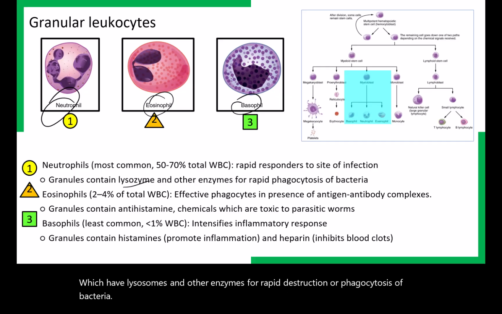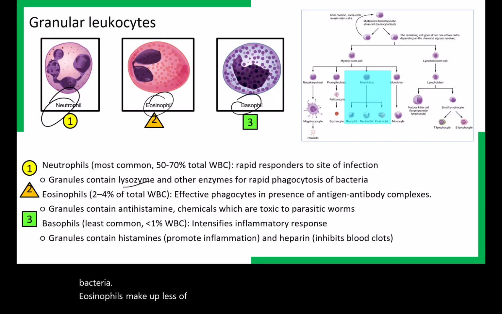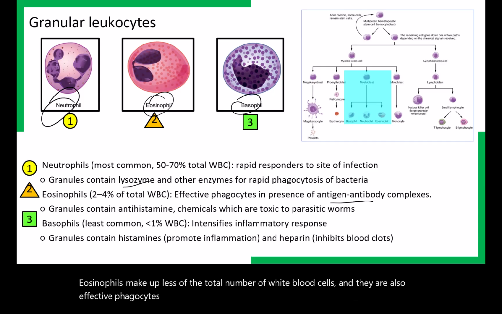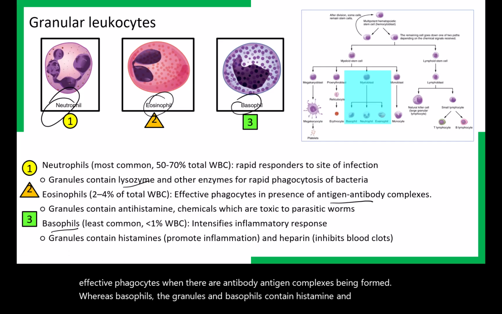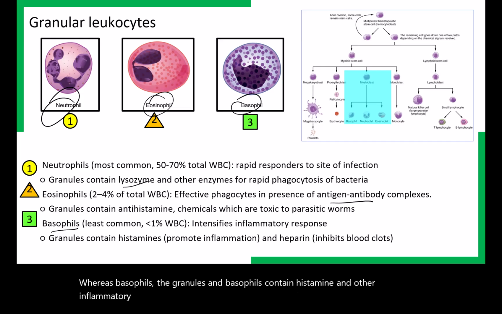Eosinophils make up less of the total number of white blood cells, and they are also effective phagocytes when there are antibody-antigen complexes being formed, whereas the granules in basophils contain histamine and other inflammatory mediators, so they help to promote inflammation, as well as containing heparin, which helps to inhibit blood clots.